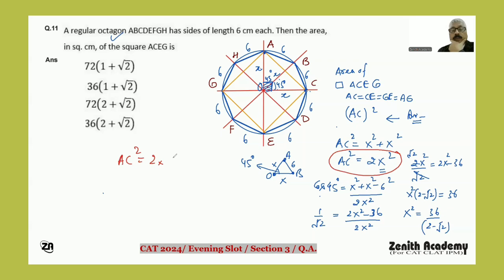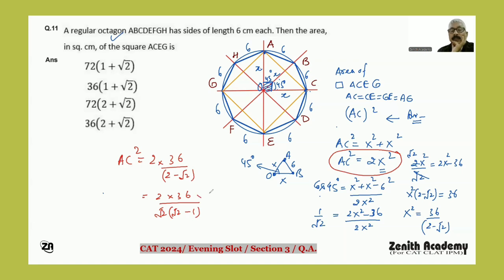The value of x square is 36 upon (2 minus root 2). Okay. So if I take root 2 common, then it is 2 into 36 upon (root 2 minus 1).